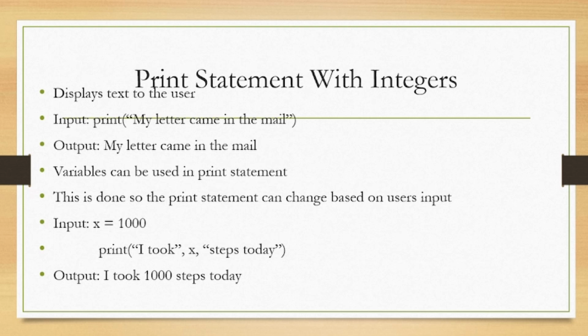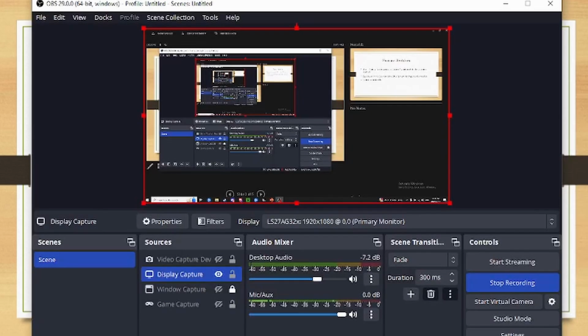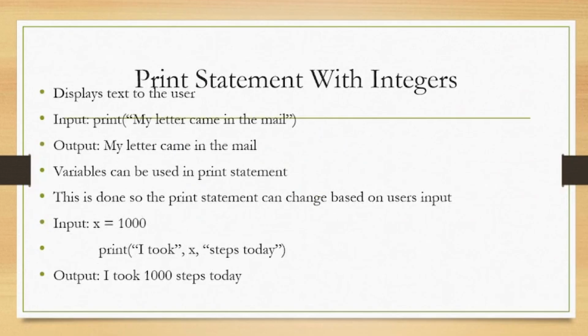You can put it anywhere in any order you want, but in this one it's "I took x steps today." Whatever you want printed out and you want to stay the same, like "I took," make sure to put it within quotation marks.